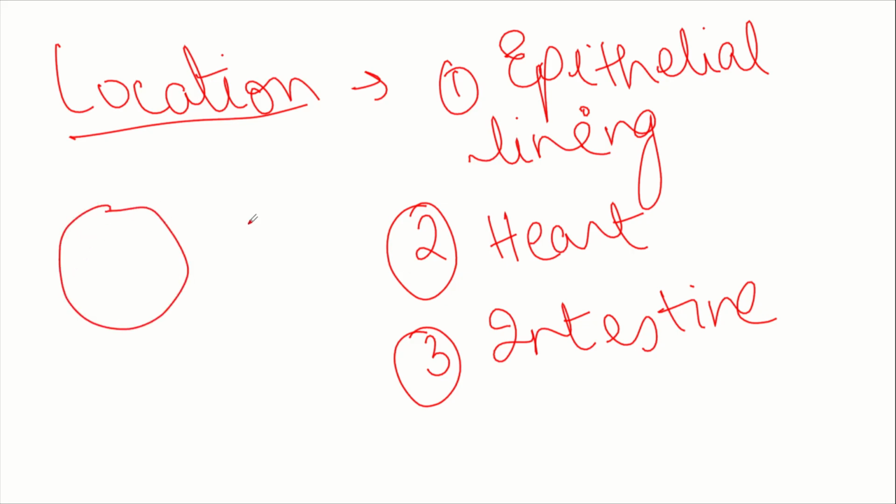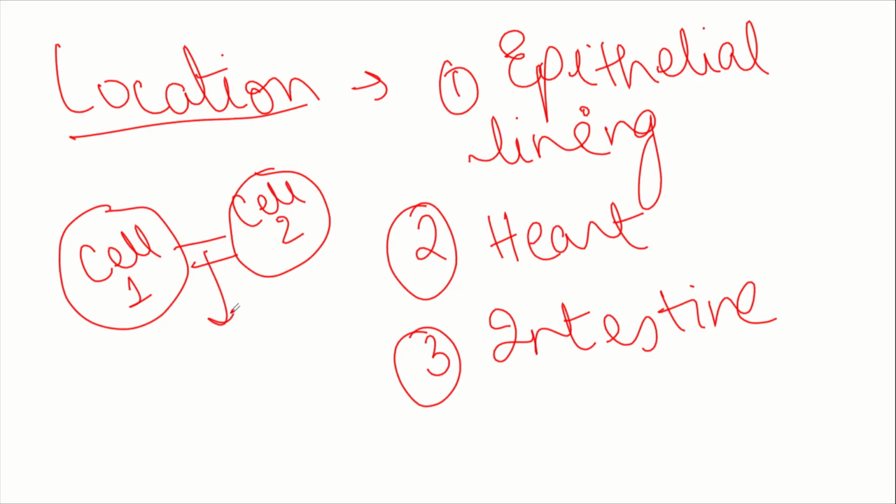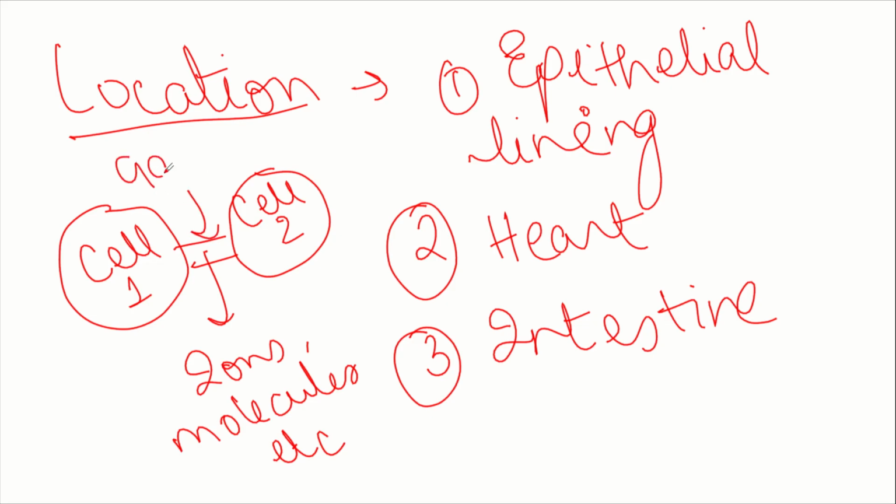They form a tube-like structure, with which, let's consider this as cell 1, let it be cell 2, through which ions, molecules, etc. are transported from one cell to another. Okay, this is called gap junction.